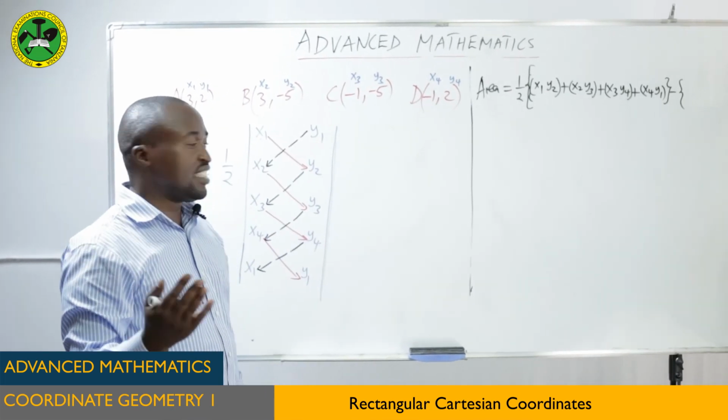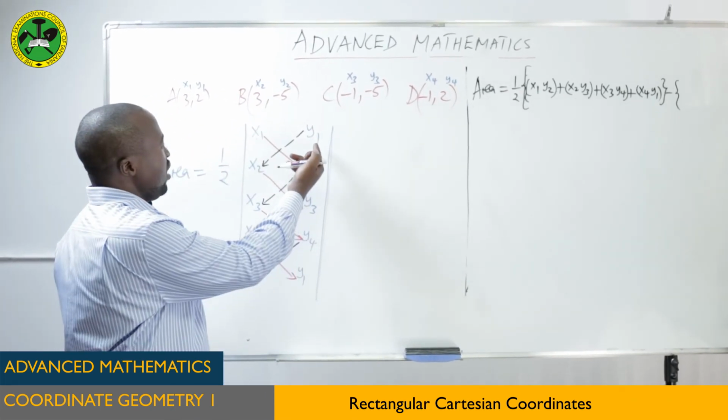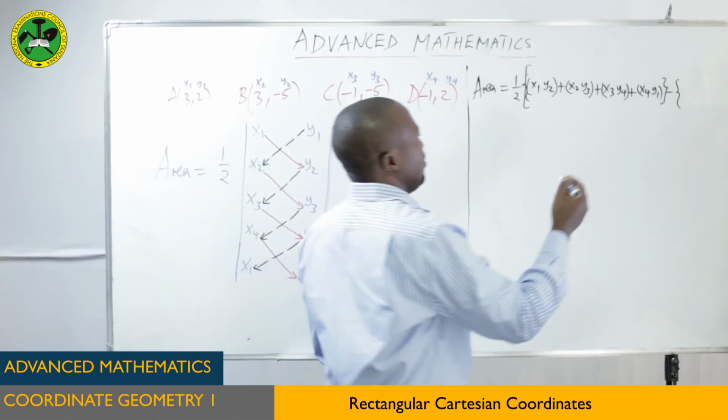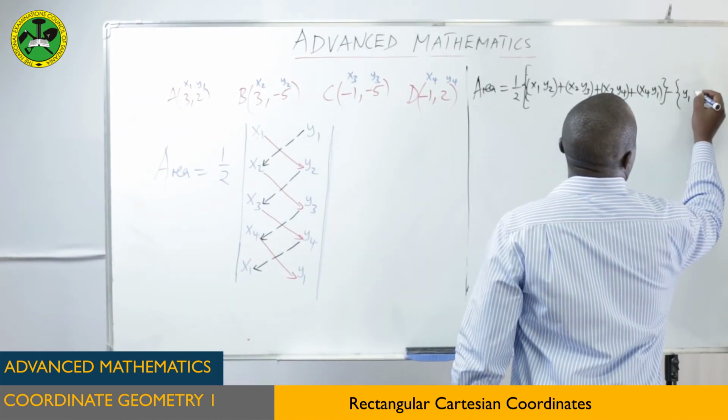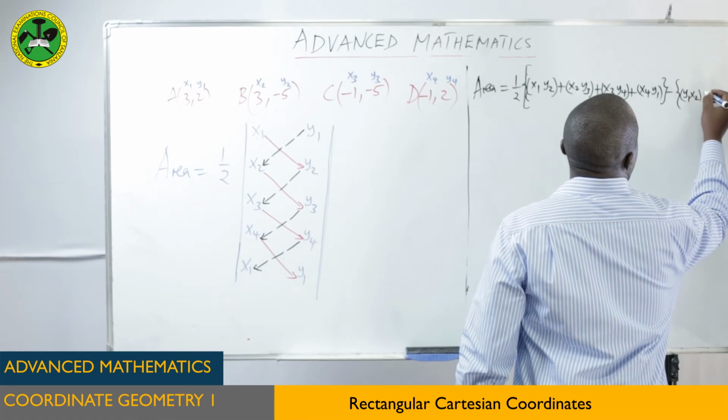This time we subtract the dotted arrows. That is y1 and the x2, that is y1, x2 plus.